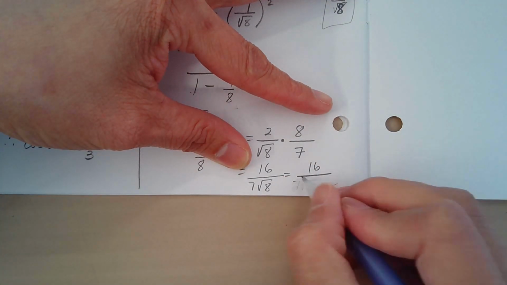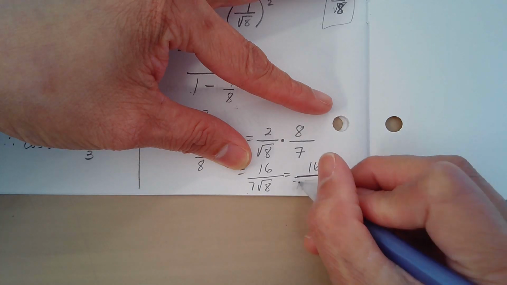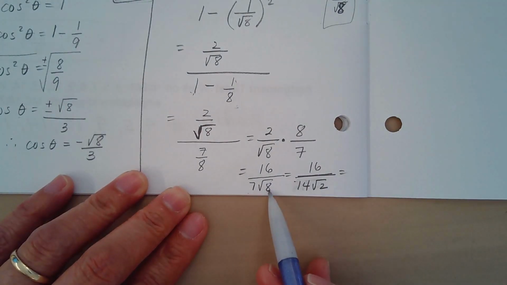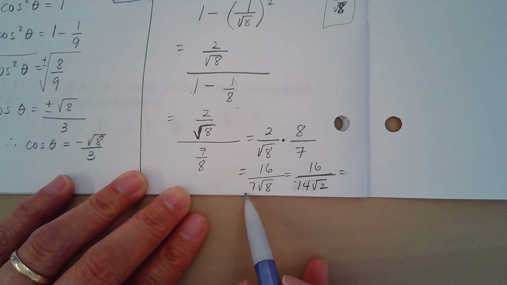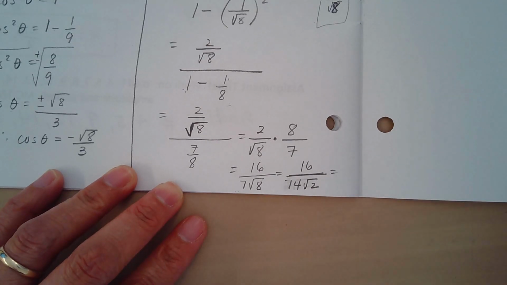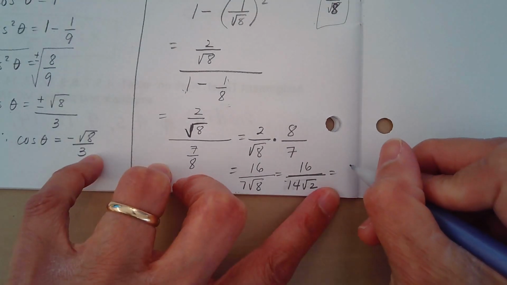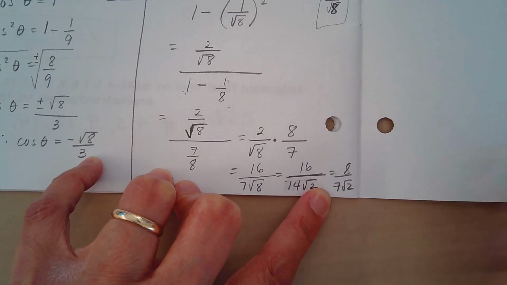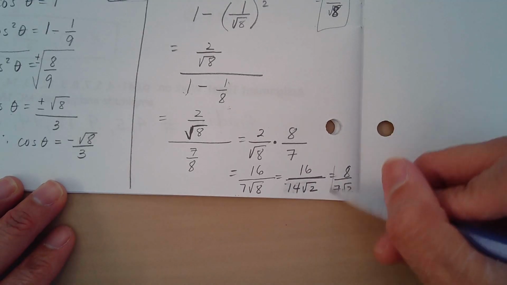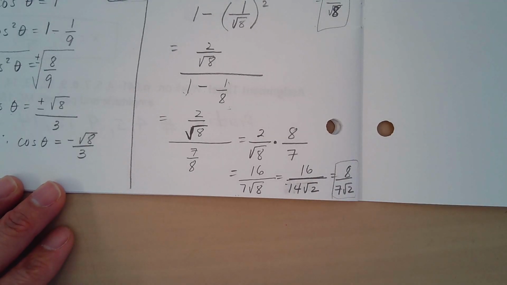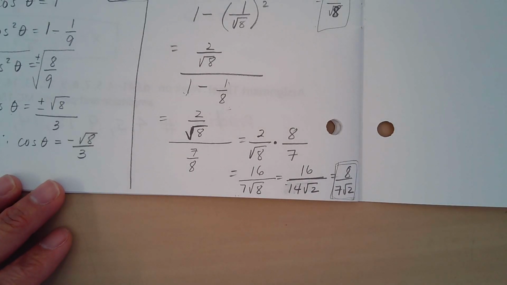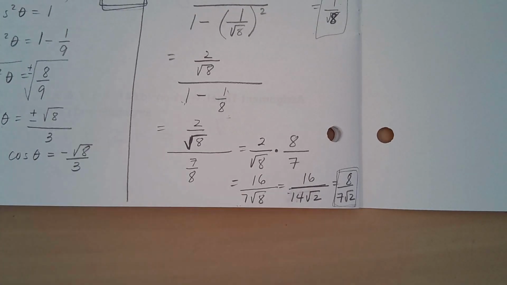I don't have to show all the work. Is it okay if I go 14 root 2? Yeah? Okay. Because there's a 2 in here, that times 7. So that makes it 8 over 7 root 2. And that is our answer. Is that okay? Yeah.